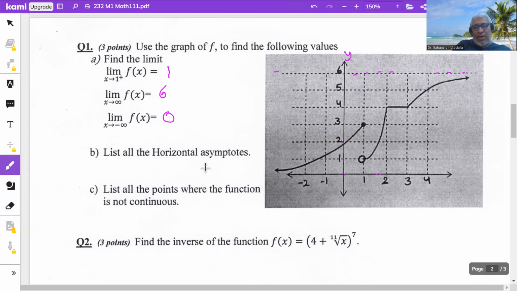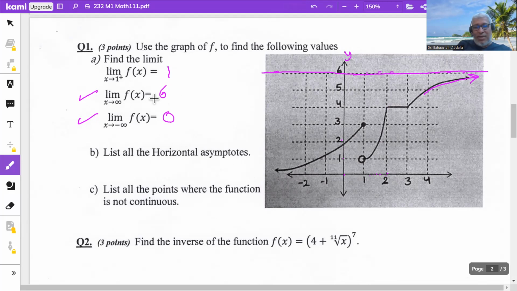List all the horizontal asymptotes. What are the horizontal asymptotes? The horizontal asymptotes are horizontal lines like this line, which the function approaches when x goes to infinity or when x goes to negative infinity. So actually, these two limits give you the equations of the horizontal asymptotes. To find the horizontal asymptotes, you find the limit when x approaches infinity.